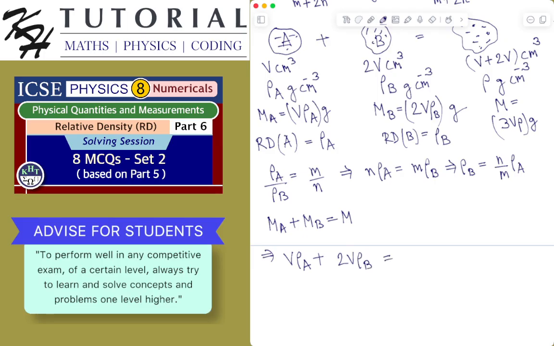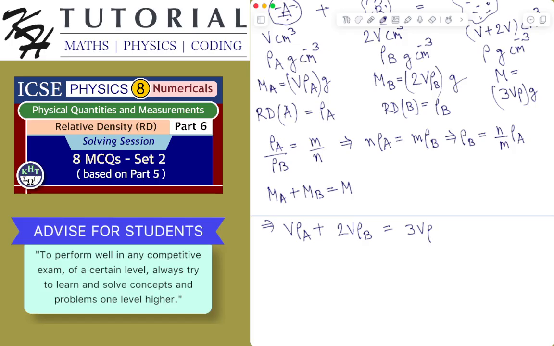This should be equal to the mass of the mixture, 3V rho. Clearly, we can cancel out V from both the LHS and RHS. Taking V common on the LHS, we have V into rho A plus 2 into rho B is equal to 3V rho. We cancel V from both sides and get rho A plus twice rho B is equal to 3 rho.